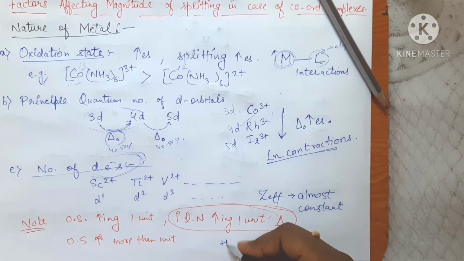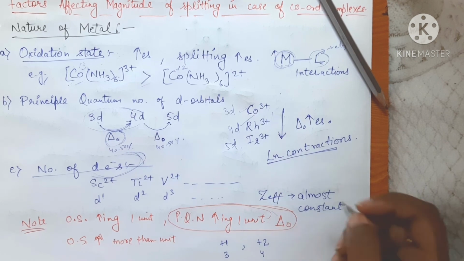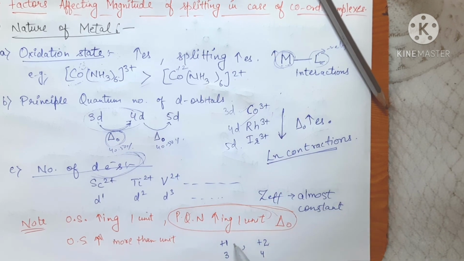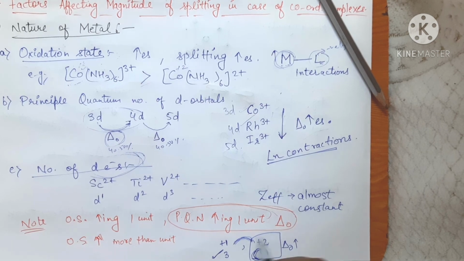Suppose here the principal quantum number is 3, here it is 4. Then if there is a difference of only one oxidation state, we'll go for the preference of principal quantum number. The one having higher principal quantum number will be having high Δo value.